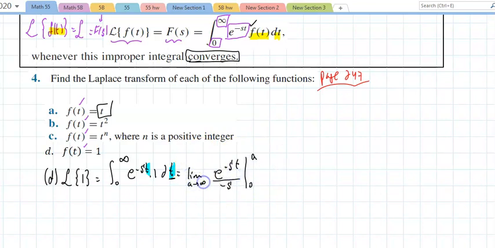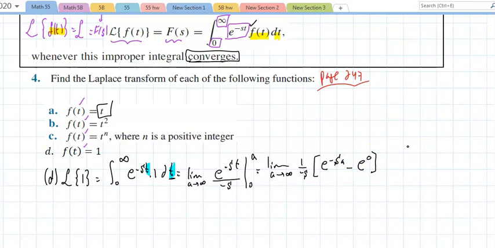That's kind of what we did with improper integrals back in the day, Section 7.8 in calculus, I believe. This is the limit as a approaches infinity of 1 over negative s, because that's a constant, times e to the negative sa, minus e to the 0.